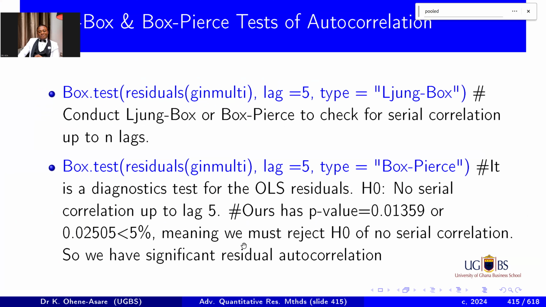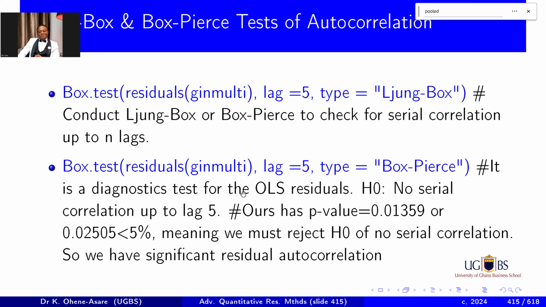You will notice that, given the 1% or 1.3%, it means that we may be tempted to reject the null hypothesis of no autocorrelation, to say that there's some modicum of residual autocorrelation in the model.